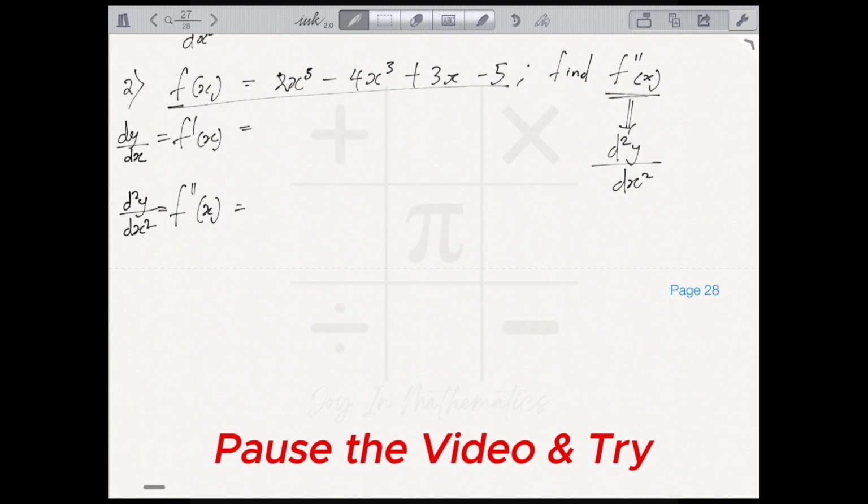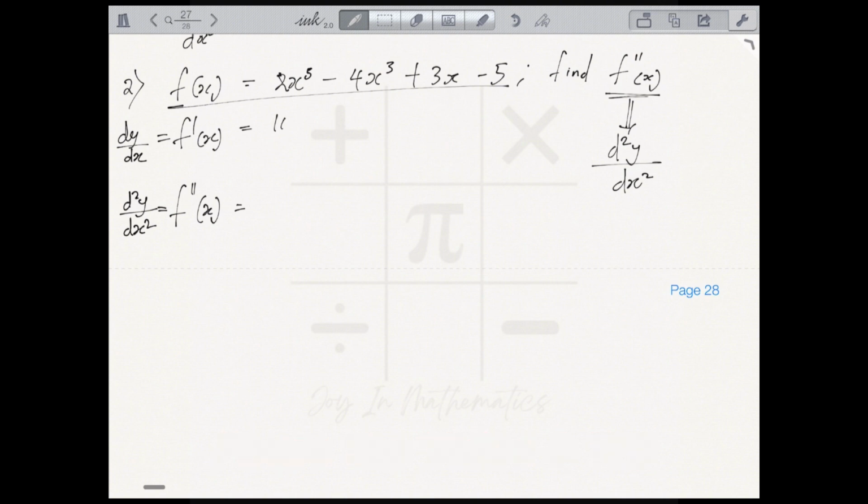So differentiating 2x raised to power 5, we have 10x raised to power 4. Differentiating 4x raised to power 3, we have 12x raised to power 2. Differentiating 3x, we have 3. And differentiating 5, we have 0.